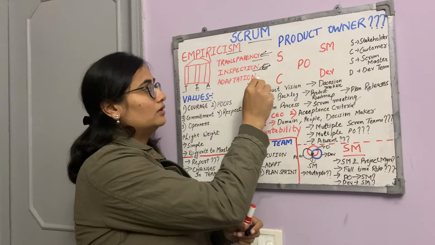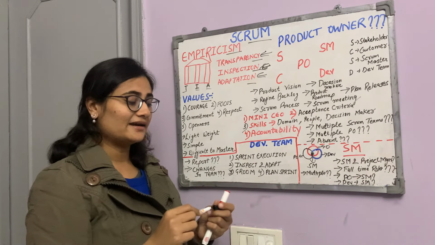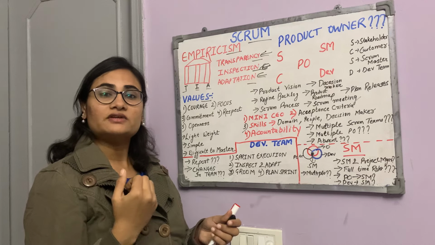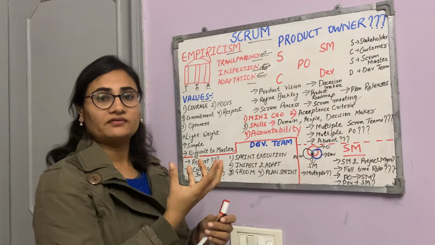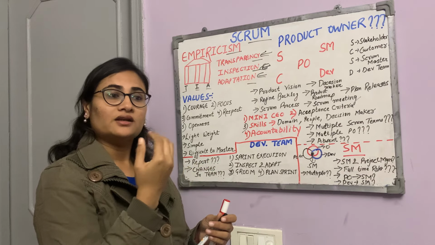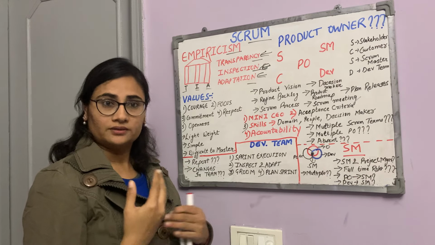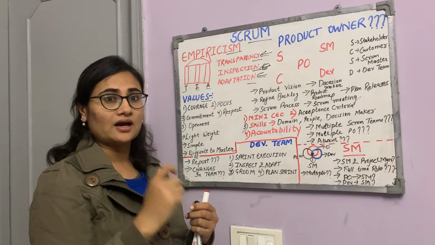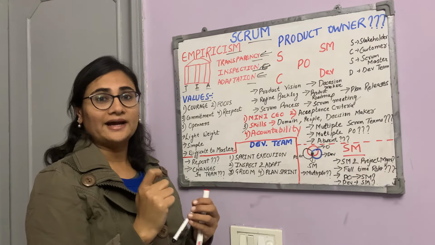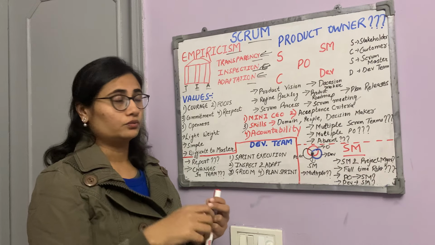Now the third pillar is adaptation. The next thing which comes after inspection: in inspection you have identified what the issue is. Now your team needs to adapt. Your team needs to improve on that weak area, or to work on that particular issue.